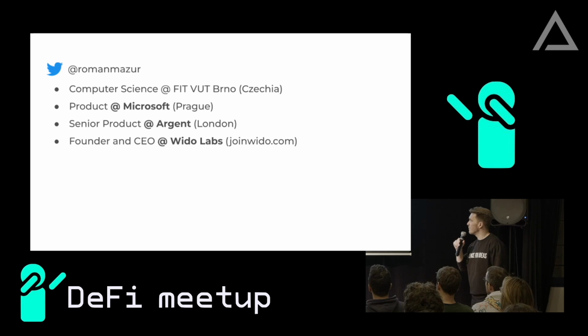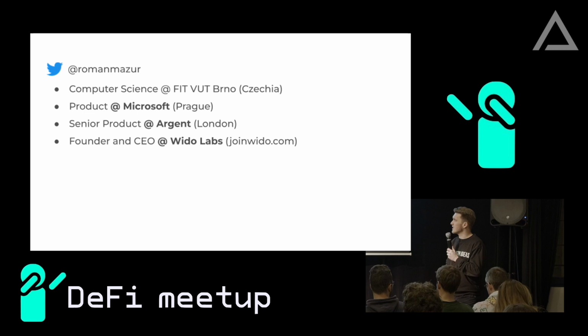Brief introduction of me. I'm Roman. I studied computer science in Brno. I worked as a product manager at Microsoft, then moved to London where I worked for Argent. For those unfamiliar, it's one of the leading Ethereum wallets. They are pioneering the social recovery, which is at the core of account abstraction.